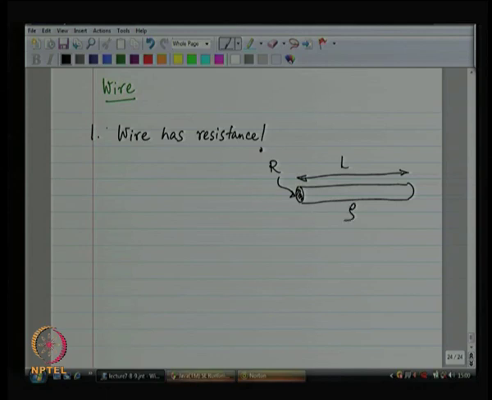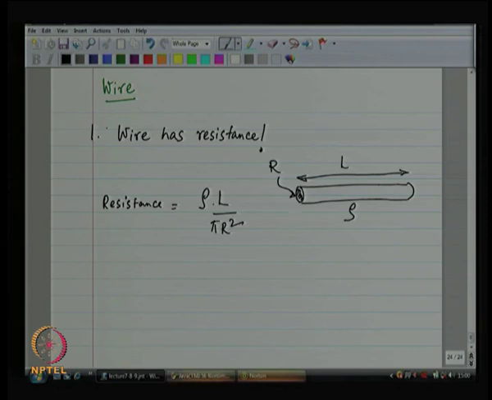The material has a resistivity of rho. What is going to be the resistance of this wire? It is easy, you take rho, the resistance is going to be proportional to L, and it is going to be inversely proportional to the cross sectional area. And what is the cross sectional area? It is pi r square.